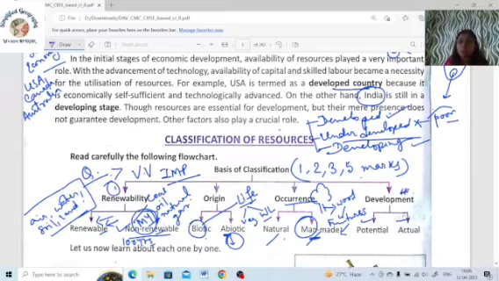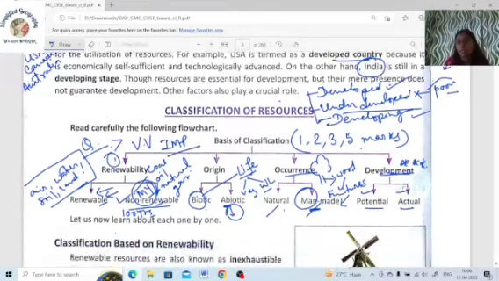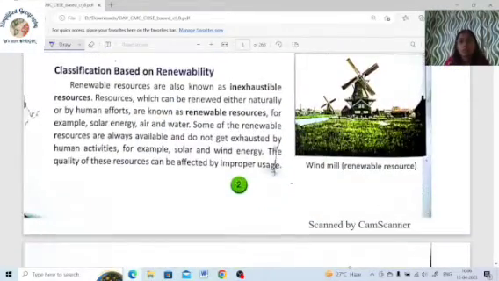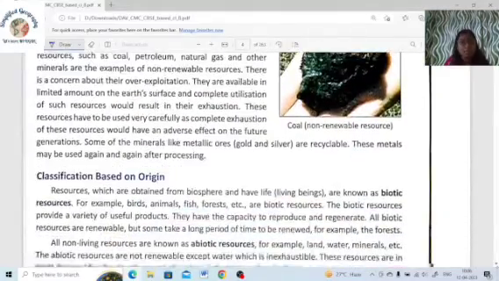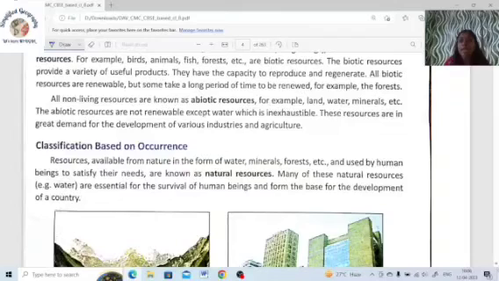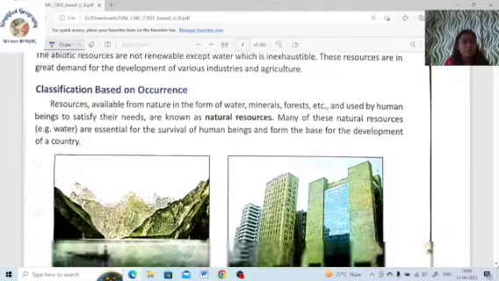And the most important part of this chapter is that on the basis of development, we have two types of resources: potential and actual. The rest of the three types of resources I have already explained. So do one thing, you need to follow the book and read the definitions of the resources and all the characteristics given.